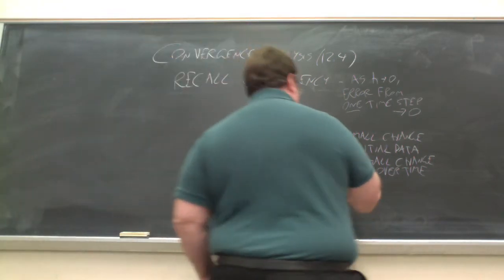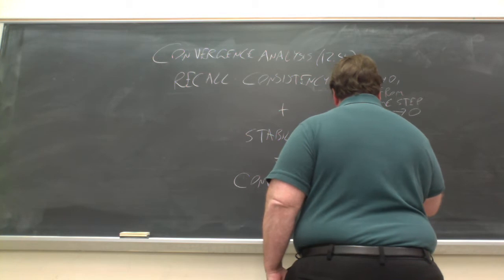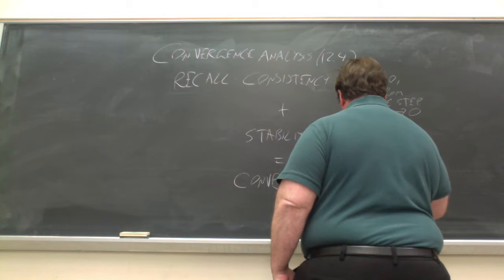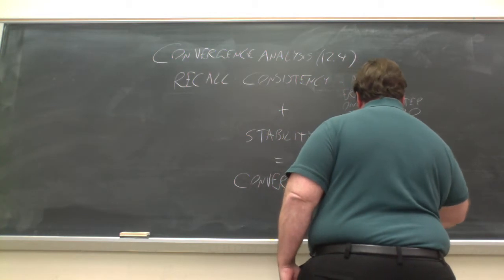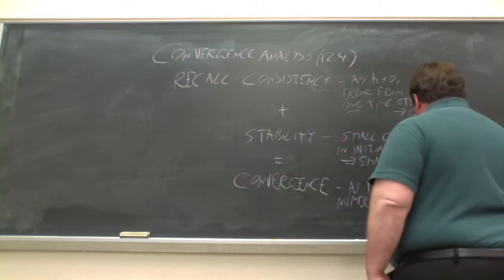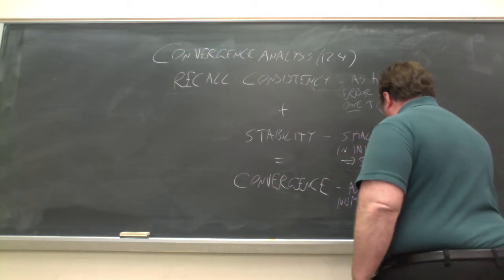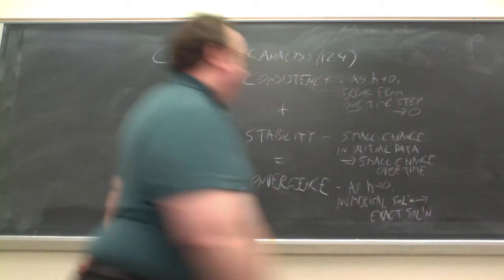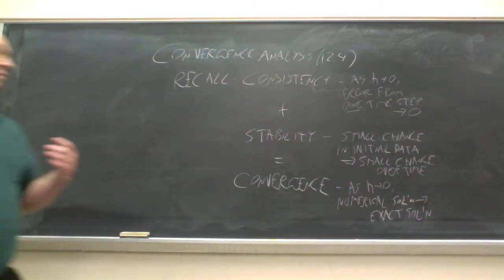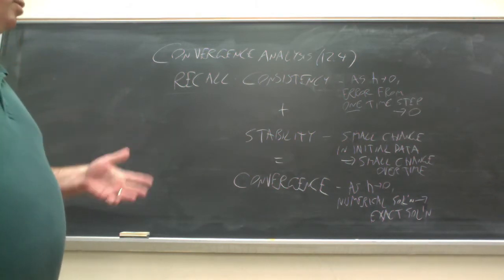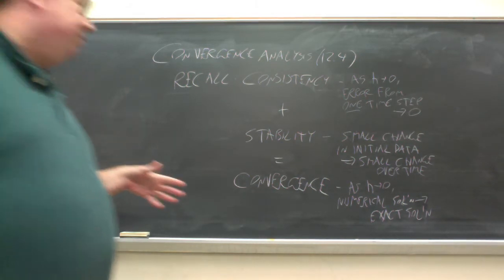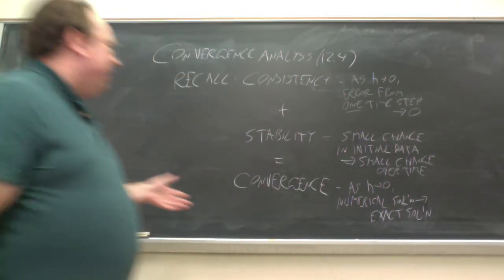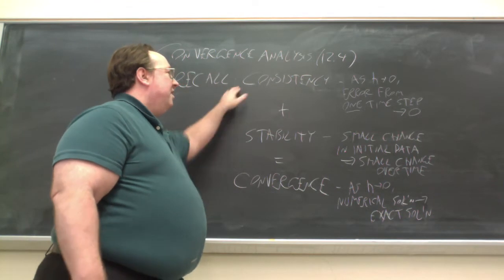Convergence is that as h goes to 0, the numerical solution approaches the exact solution. Checking whether the numerical solution actually converges to the exact solution is very difficult to do using the definition of convergence directly, and that's why we have consistency and stability. It's much easier to verify these two things.